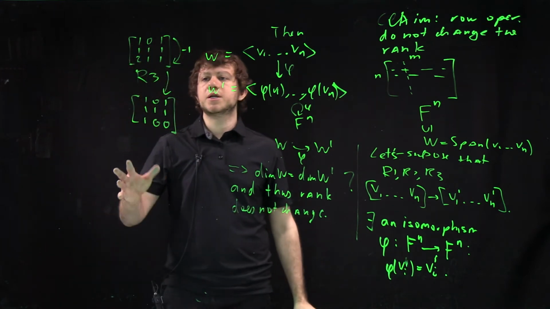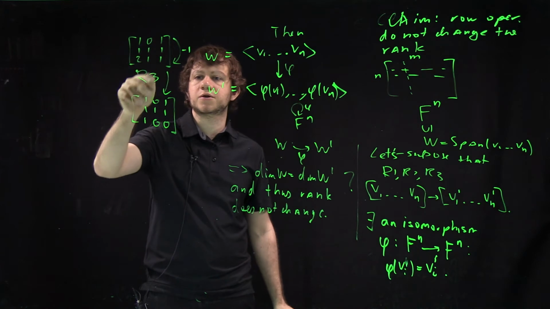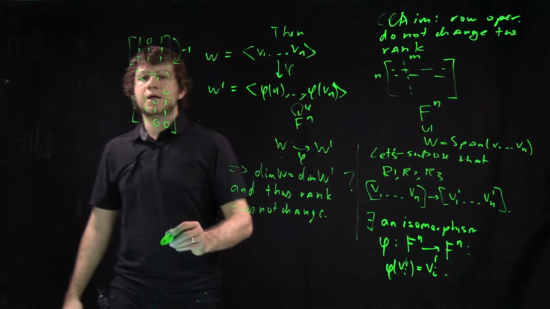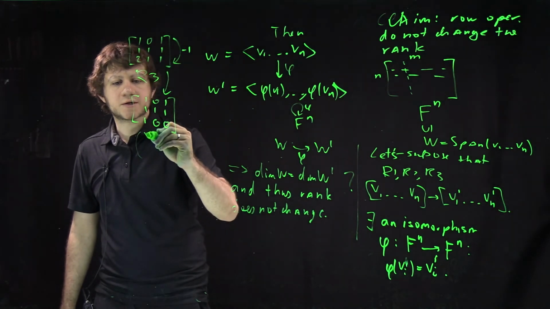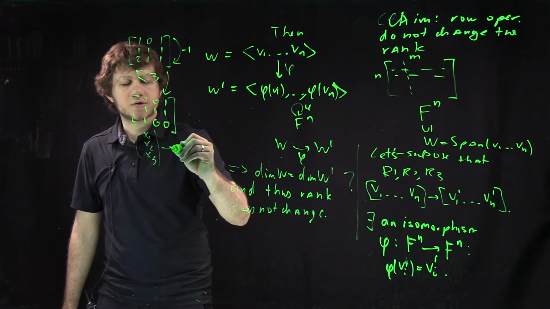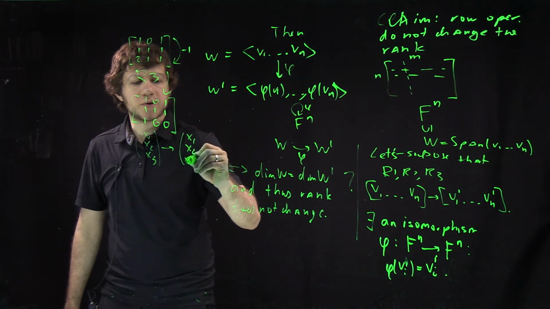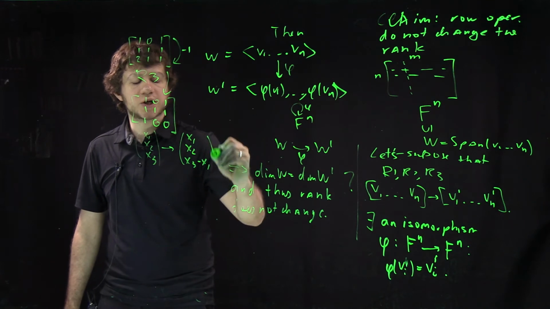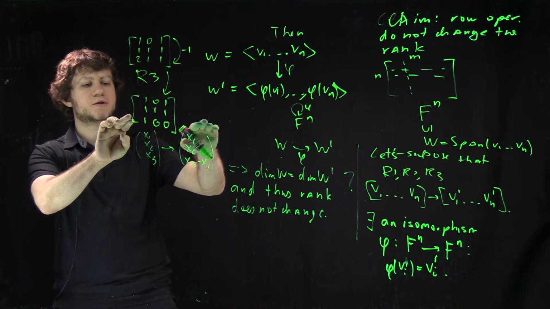And then I claim that there is an isomorphism which moves these three vectors to these three vectors. Of course, this isomorphism is really easy to write down. If I have a vector x1, x2, x3, I can just move it to the vector x1, x2, x3 minus x1. This is literally what I do: I take the first coordinate and subtract it from the last one for each of the vectors.